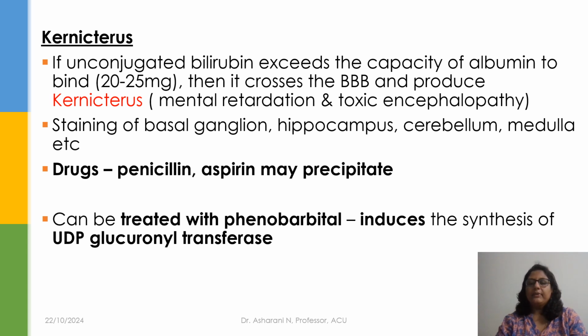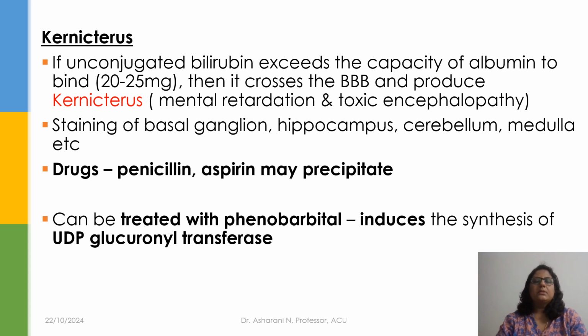If the unconjugated bilirubin is dislodged from the high affinity sites, as it is lipophilic, it goes and stains parts of the brain, thereby causing kernicterus. They will already be having physiological jaundice, which can be precipitated, so penicillin and aspirin should be used cautiously in the neonatal period.